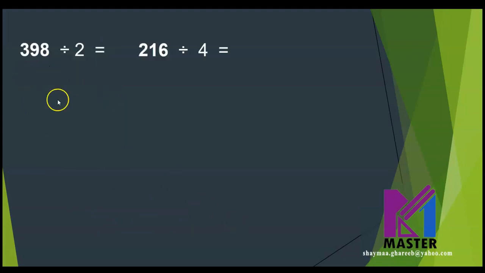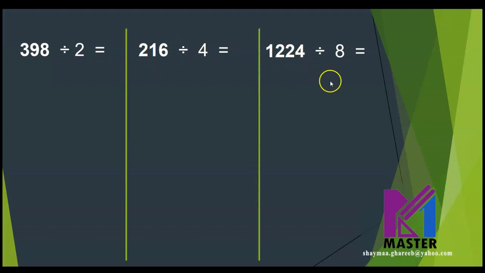Now look at this division sentence. 398 divided by 2, 216 divided by 4, 1224 divided by 8. So we're going to apply dividing by 2 using half. How to find the half of a number? Let's find the half of each value in this number. This is 300, and this is 90, and this is 8.